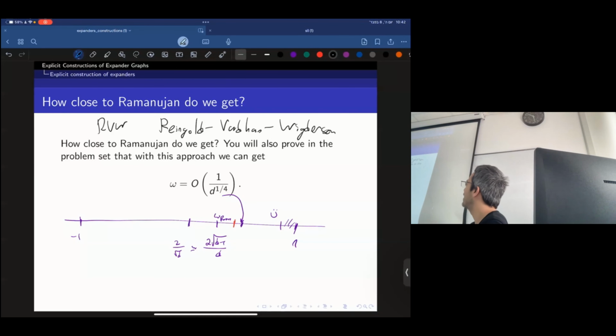I don't present it from the paper, but I follow the presentation of Vadhan's survey, a very nice survey that I'm linking from our website, and it's more or less what's written down. Questions about that? Good.